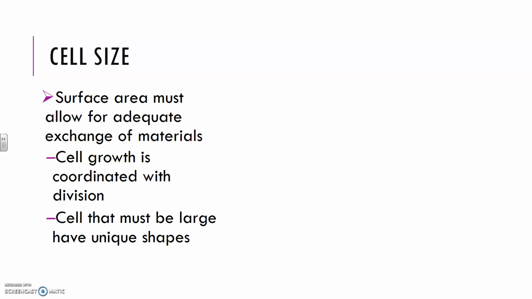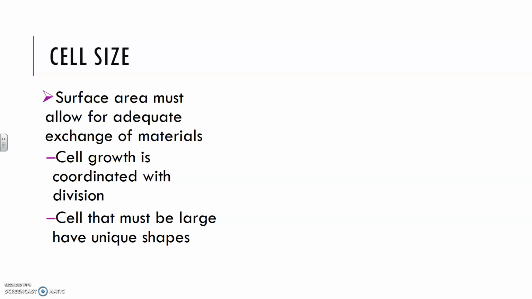So cell growth is coordinated with division. Cells that must be large have unique shapes in order to increase their surface area. When the cell is starting to get too big, that's when the cell says, okay, I need to cut myself in half to deal with this issue.